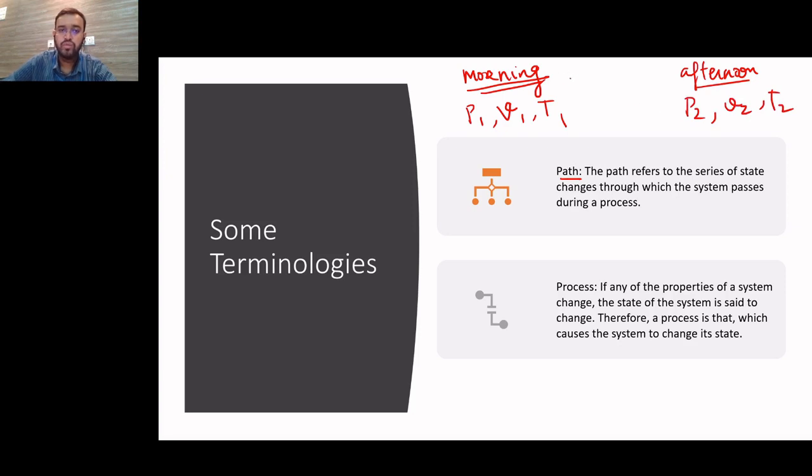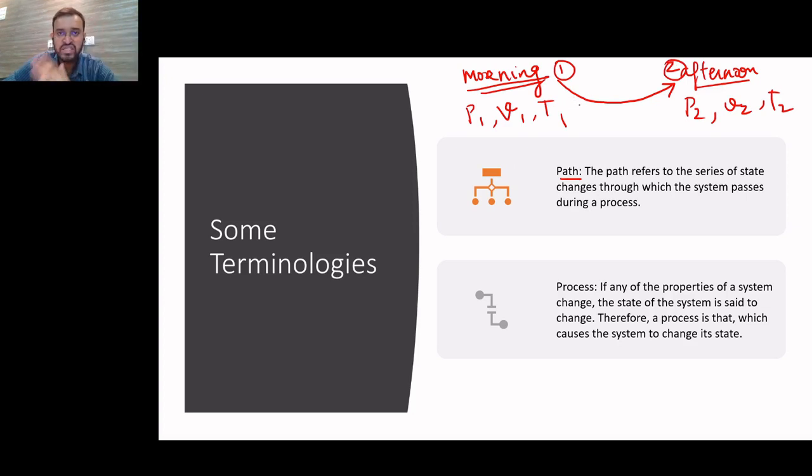So the system moved from condition 1 to condition 2, and in doing so it didn't happen instantaneously.